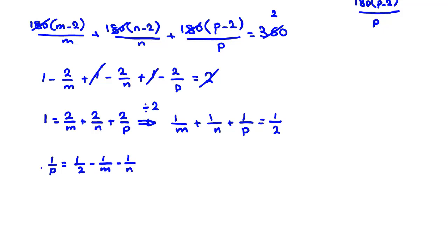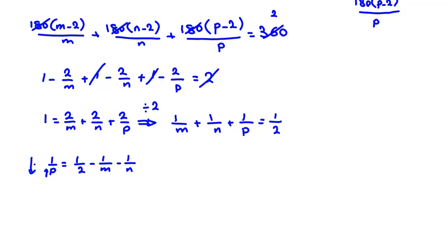So when we want to maximize p, we should find the minimum of this. Okay, the minimum of these fractions. Let's use a common denominator: 2mn equals mn minus 2n minus 2m. Or we can do something else, because we don't need 1/2. 1/2 is a constant.